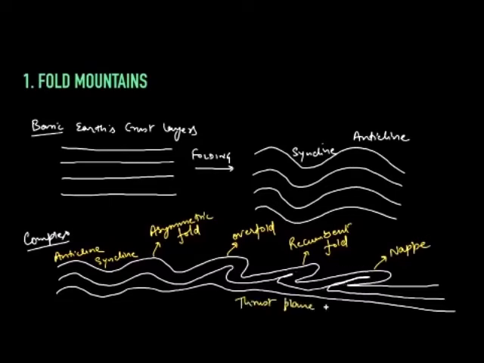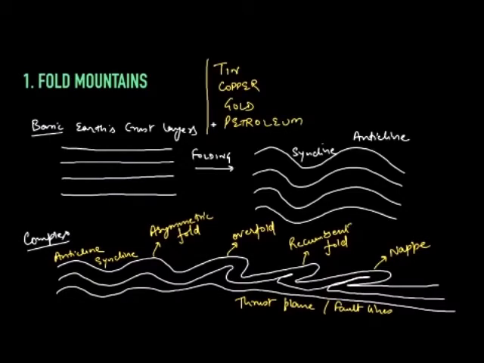It is caused by compressional force due to the factors that we discussed before. They are the most widespread and the most important forms of mountains. Examples of fold mountains in the world are the Himalayas, Alps, Andes, and others.